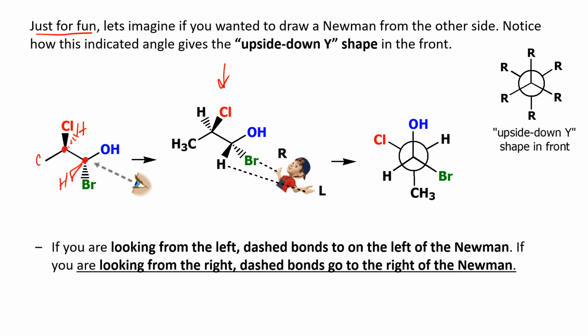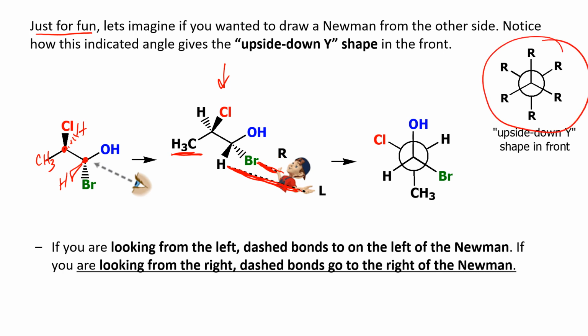Now that methyl group, that's a CH3. You don't have to do this. It just makes it a little bit easier. Now imagine you're looking from this perspective. What's on your right are these groups down sort of at the bottom of the upside down Y. So from this perspective, notice we've got an upside down Y shape in the front.